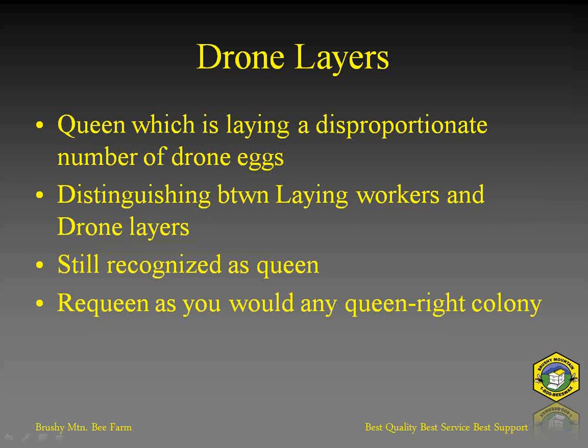Maybe it was a period of a lot of rain, and the window that she had to go out on her mating flight was so short that she was only able to mate with a few drones, and therefore she doesn't have the sperm capacity that she should to live out her life as she should. So these are some of the things that would cause a drone layer. Basically, the long and the short is that she's lacking sperm, either from age or poor mating.